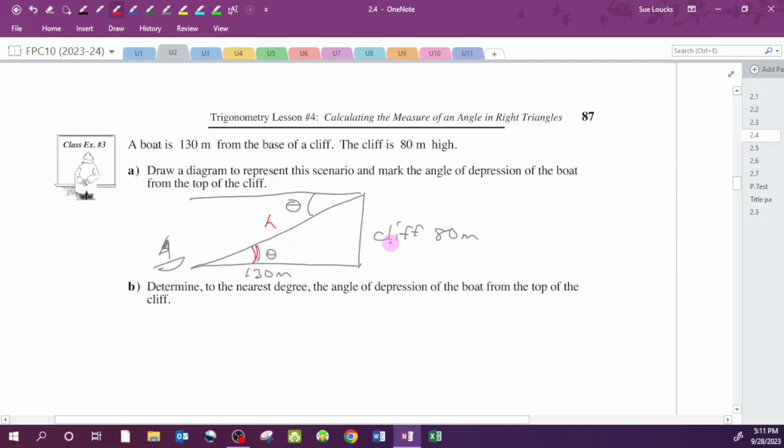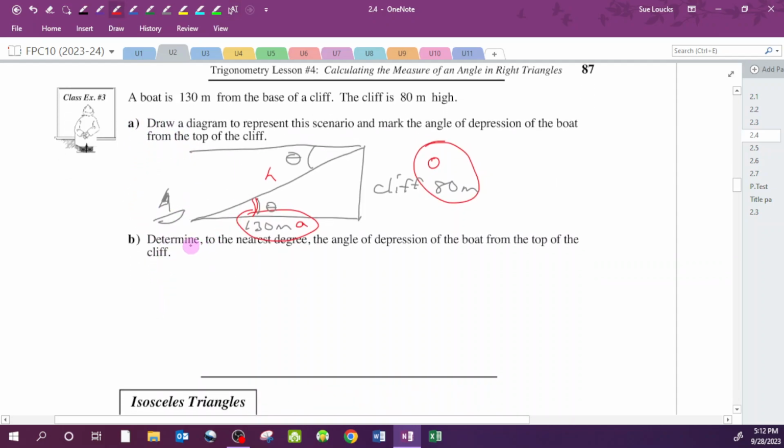Here's my hypotenuse. Here's my opposite. Here's my adjacent, and I can do my circling. And, oh, I've moved into the next question already, actually, of part B. Figure out what the angle of depression is, okay? So I guess the drawing should have just stopped with labeling. This here is the angle of depression.